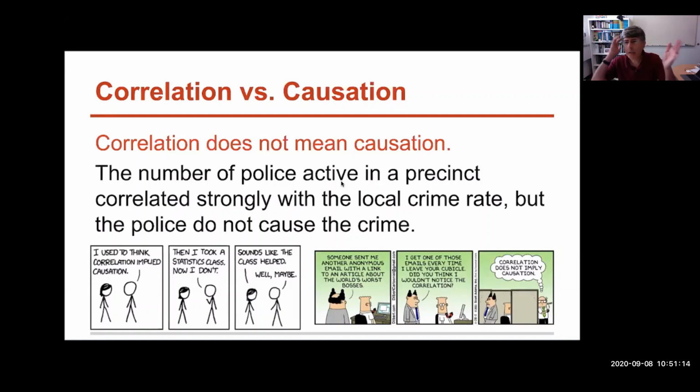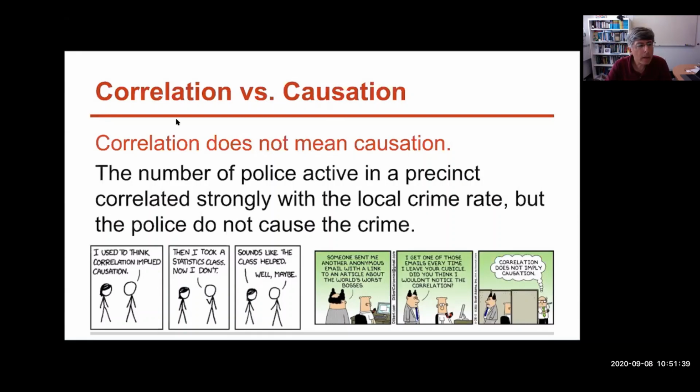Remember back to our SAT example. I think we saw that SATs correlated with grades, and money correlated with SATs. Sometimes there is a third factor causing both of the other two.